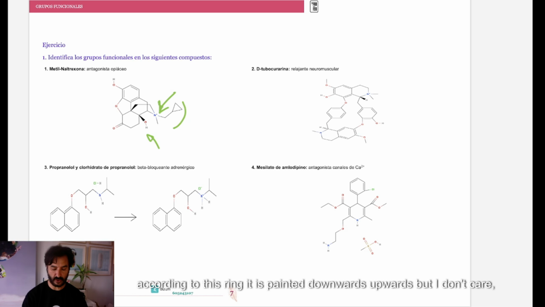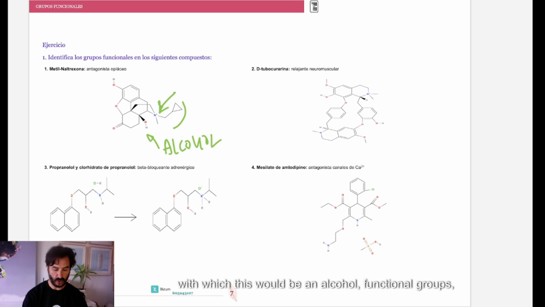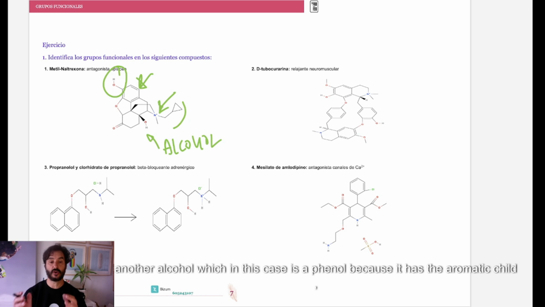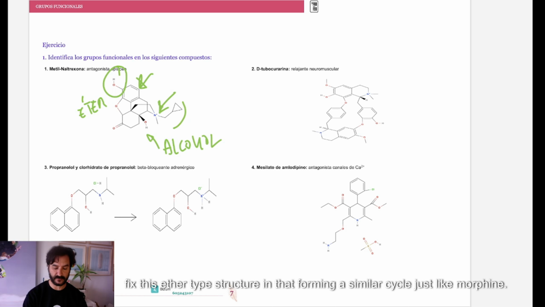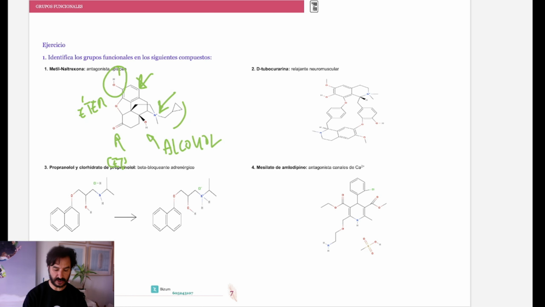According to this ring it is painted downwards, but I don't care. This would be an alcohol, functional groups: alcohol, another alcohol, which in this case is a phenol, because it has the aromatic ring. They are alcohols a little different, with different characteristics. Fix this ether type structure, forming a similar cycle just like morphine. And here we would have a ketone.